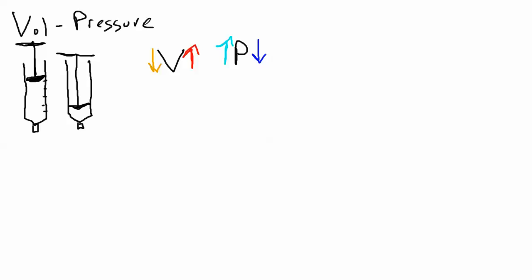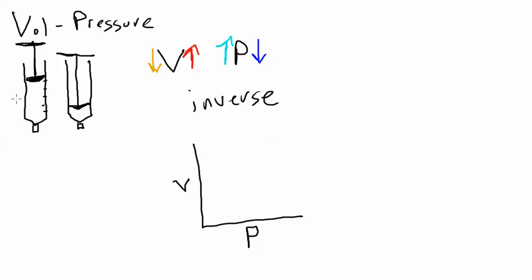So this is an inverse relationship. And this one isn't linear. So I'll draw a little graph of this here. Basically, if we've got pressure down here on the x-axis, and we have volume over here on the y-axis, if you graphed the two of those, it's not a linear relationship because it's really hard to get either of those to be 0.